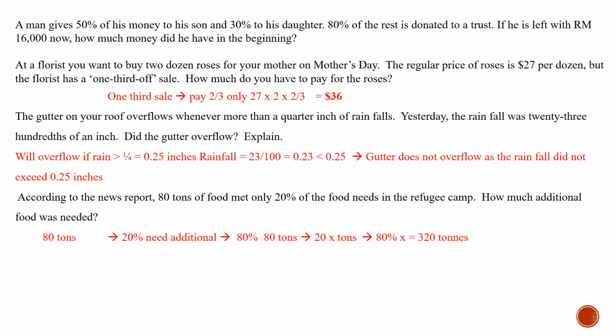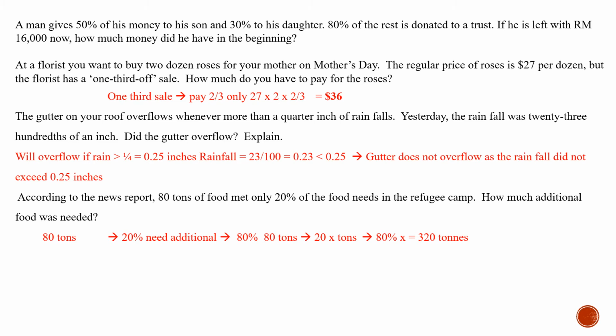All right, the gutter of your roof overflows whenever there is more than 1/4 inch of rainfall. What is 1/4 inch? 1/4, 0.25. Yesterday, the rainfall was 23 hundredths. What's 23 hundredths? 23 over 100. In other words, 0.23. 0.23 is less than 0.25.